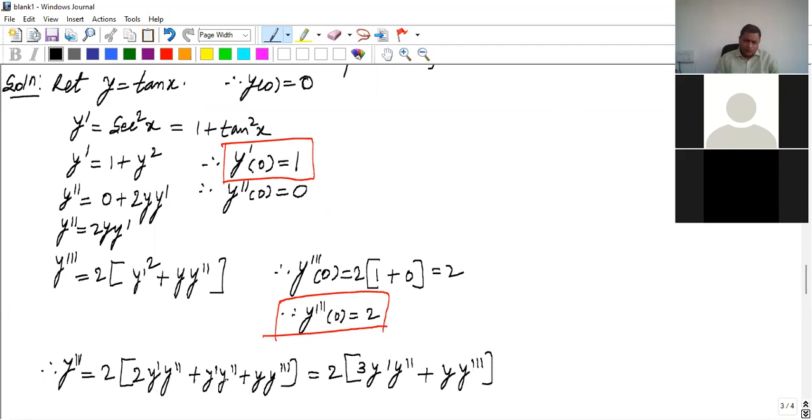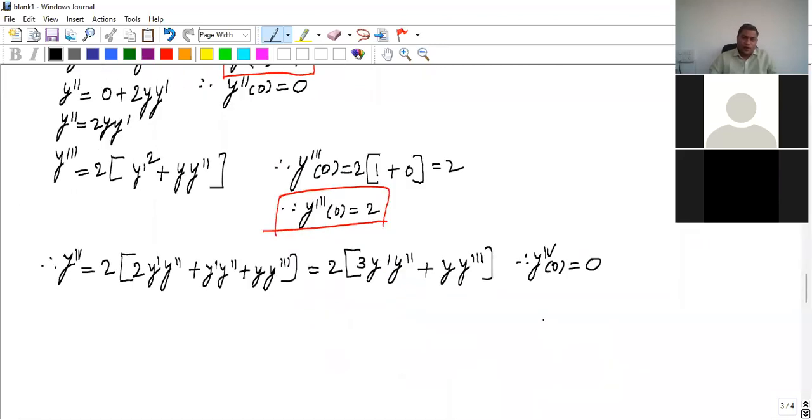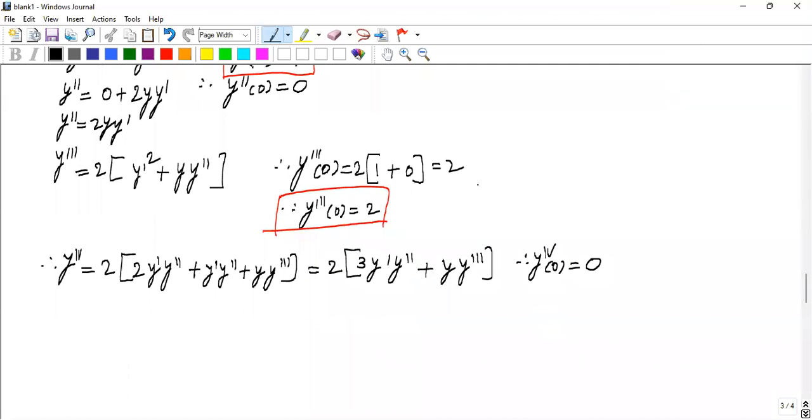Now think of what is the value of y at 0. It is 0. So y is going to be 0, y double dash is going to be 0. So that means this is going to be 0. Okay, so we got the fourth derivative of y at 0 equal to 0.